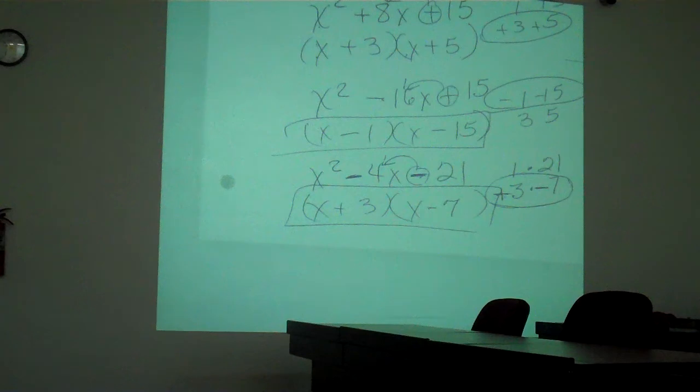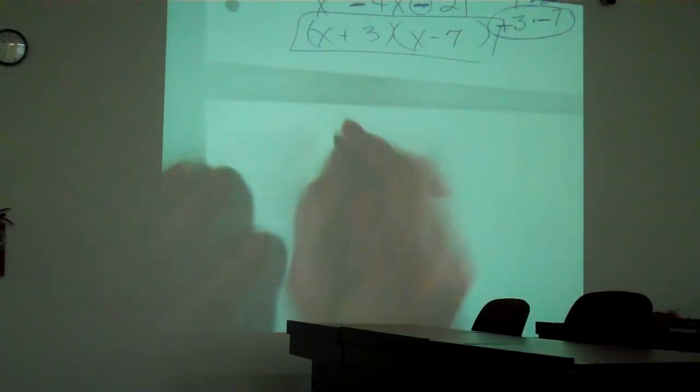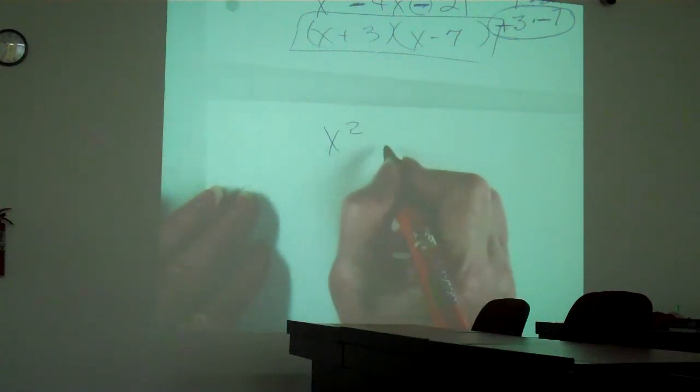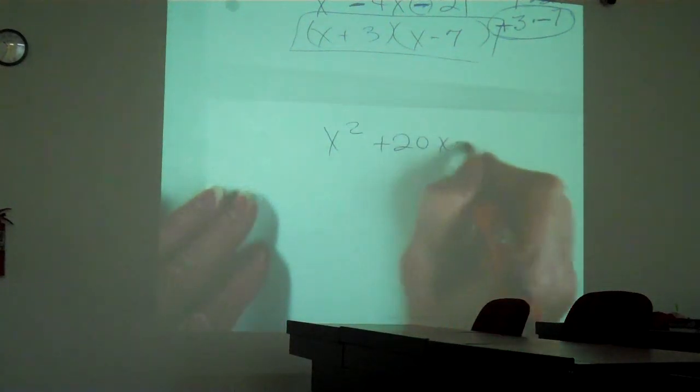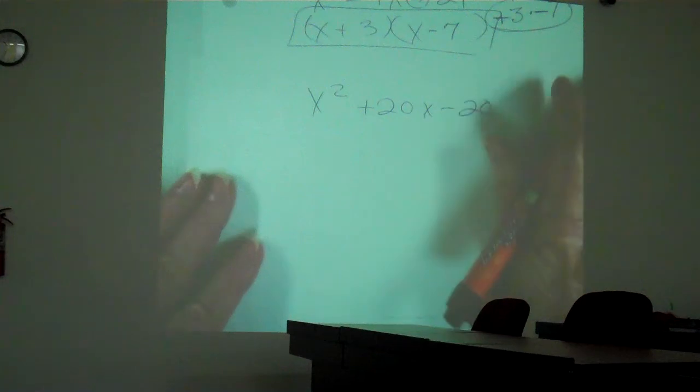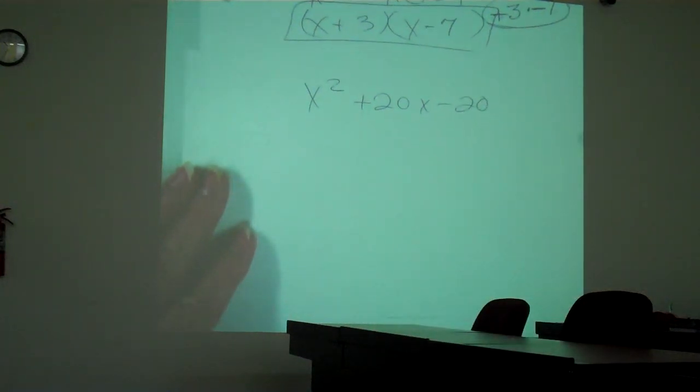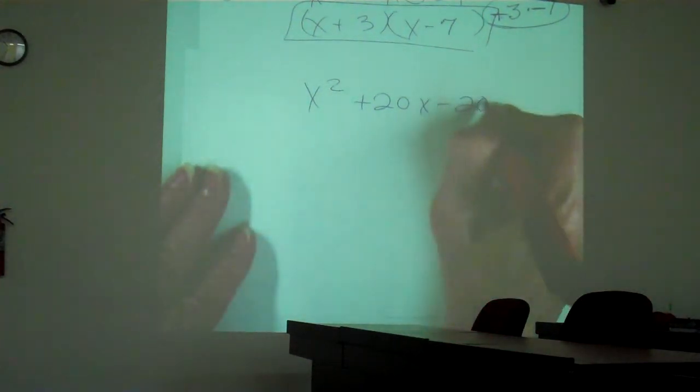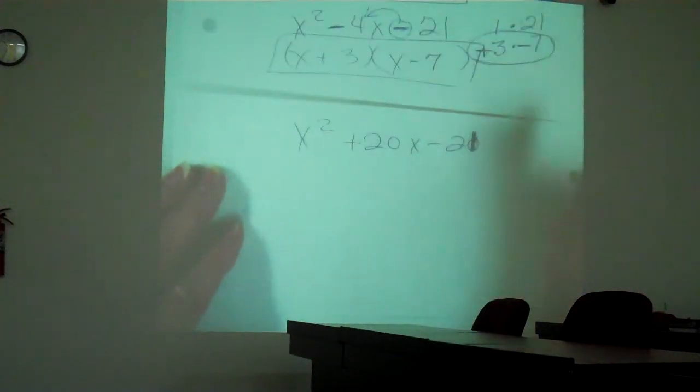Okay, another one. X squared plus 20x minus 21. I'm sorry, 21, because I was wanting to use the same numbers that I used here.